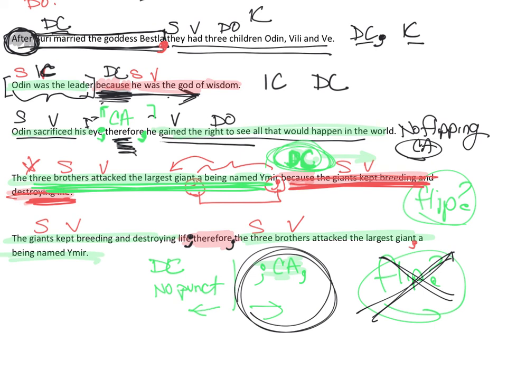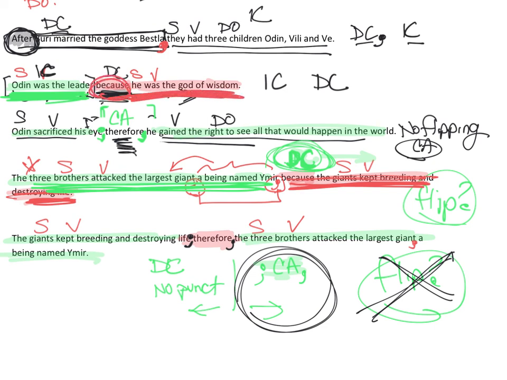So let's take a look at this one. Odin was the leader because he was the god of wisdom. That sentence tells me, dude, main idea, Odin was the leader. That's the important idea. The idea that is less important is because he was the god of wisdom.